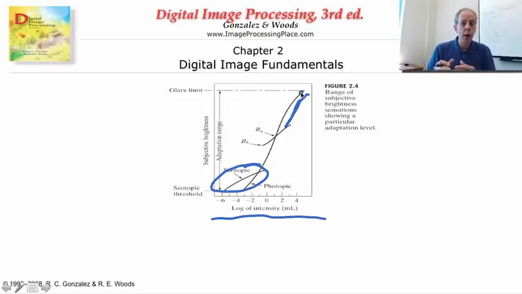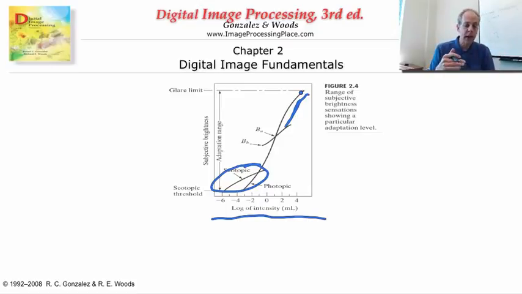One of the issues is that we are able to perceive a very, very large range of intensities, but not at the same time. So we cannot see in very dark rooms and very light regions of the room at the same time. We can see in very dark rooms, we can also see in very light rooms, but we cannot see both at the same time.